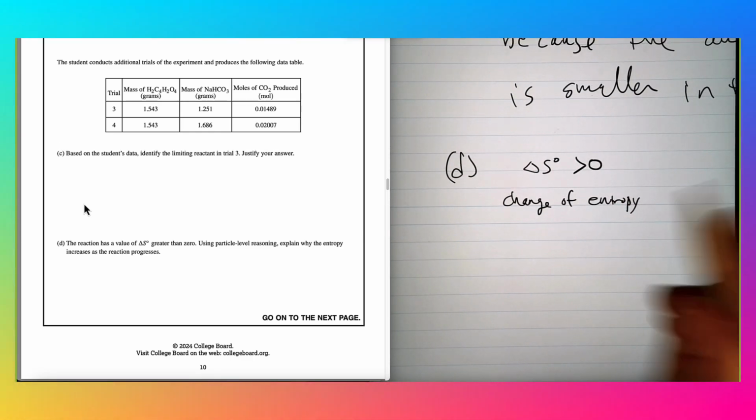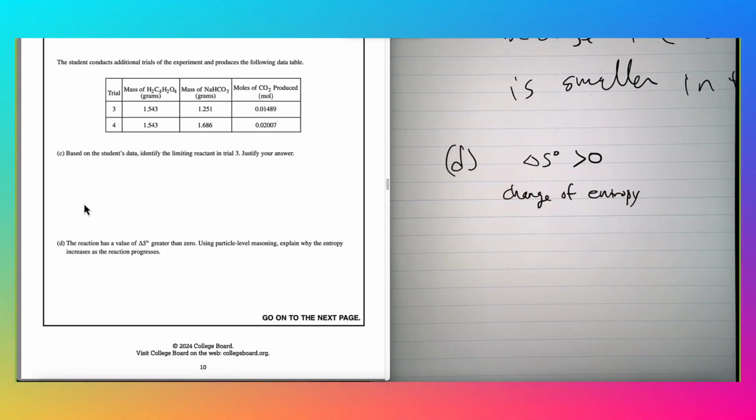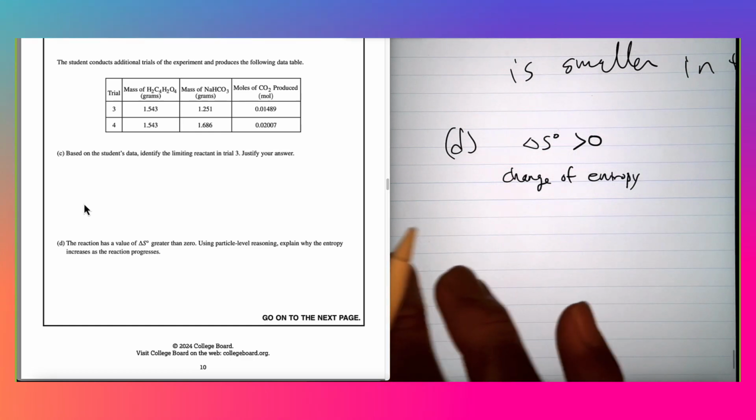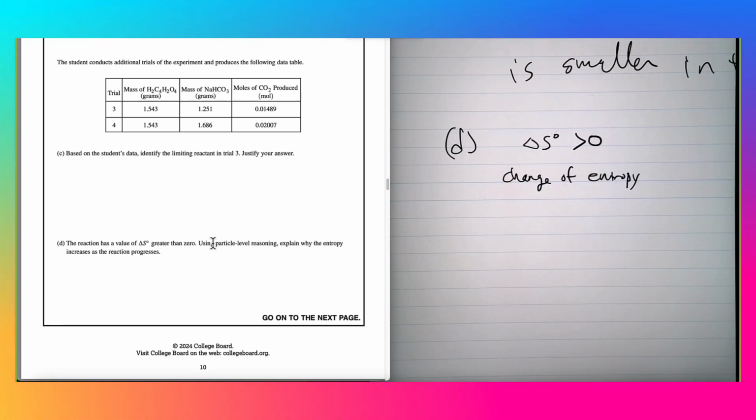The higher the change of entropy, the more chaos, the more orientations or more spatial arrangements you can make for any given reactant. So using particle level reasoning, explain why the entropy increases as the reaction progresses.